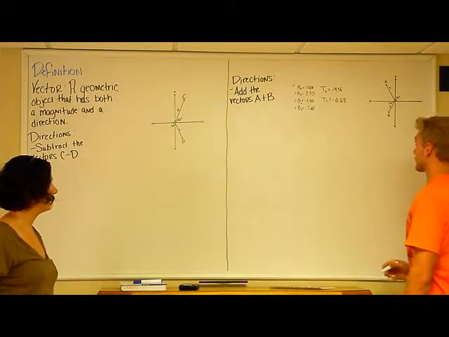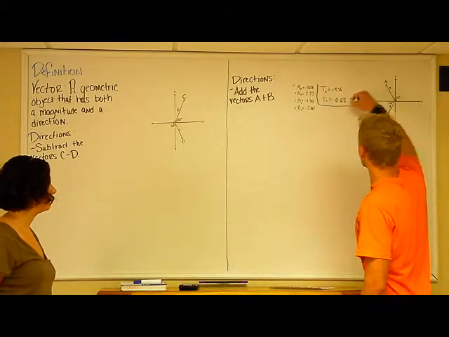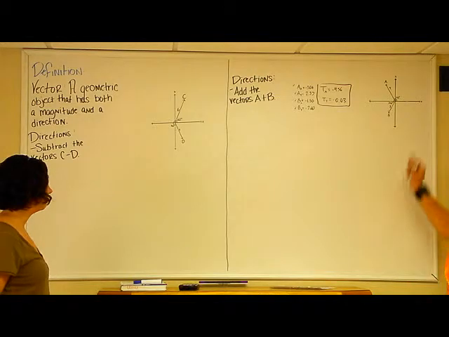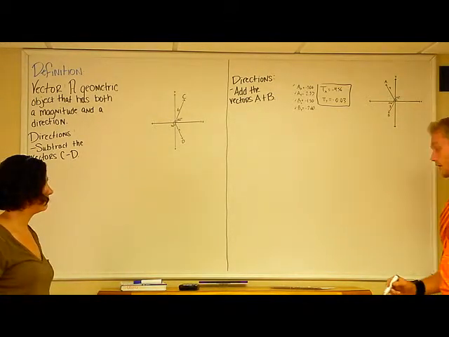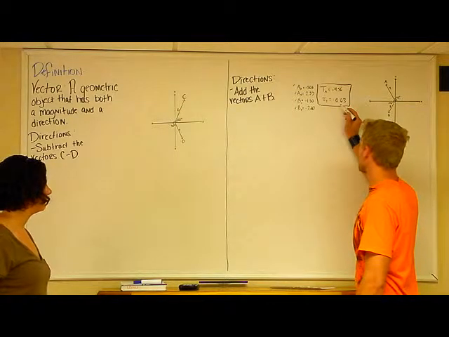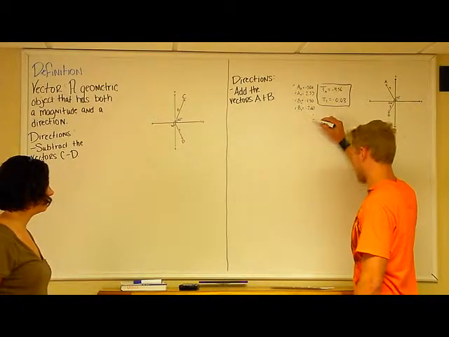Now we have 2 values describing where our final added vector is going: an X value of negative 4.56 and a Y value of negative 0.03.